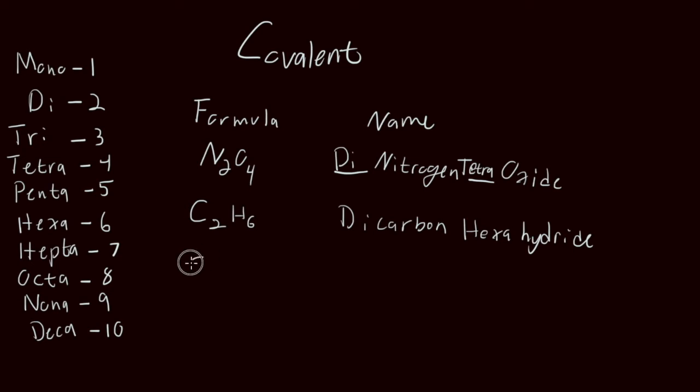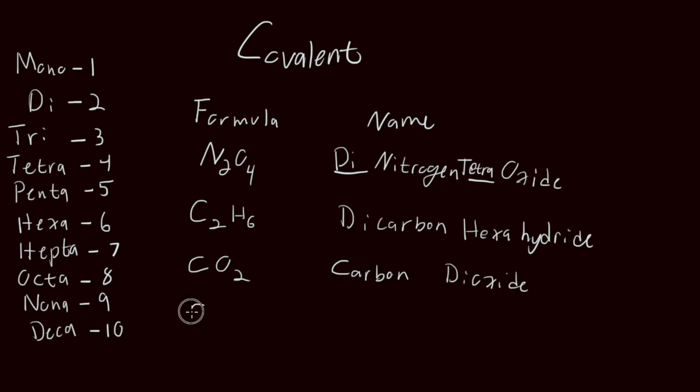If I've got CO2, because carbon's coming first, I'm just going to write carbon. This only happens to the first element listed. This still gets dioxide. So carbon dioxide means I've got 1 carbon, 2 oxygens.